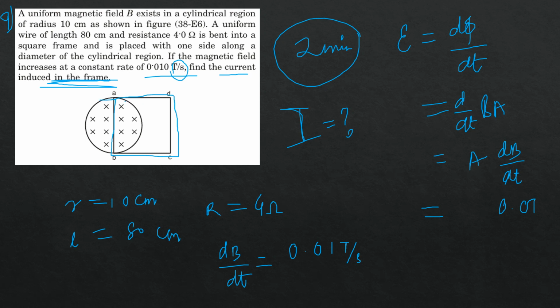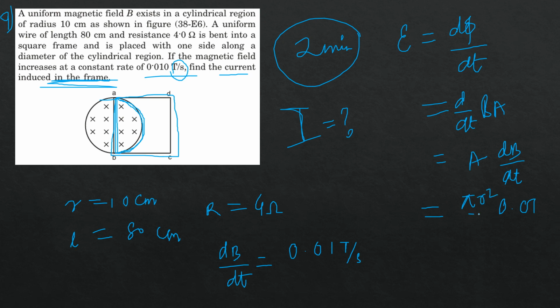So which area do we need? We need only this area, because the magnetic field is through the circular region, but we have to find the current in the frame. So what part of the circular loop is inside the frame? Only this half part. So the area is pi r square by 2. Did you get it?